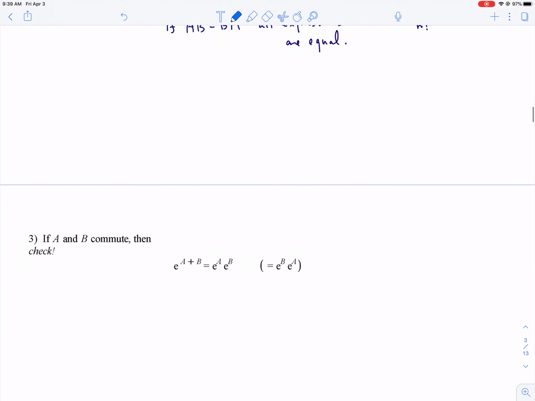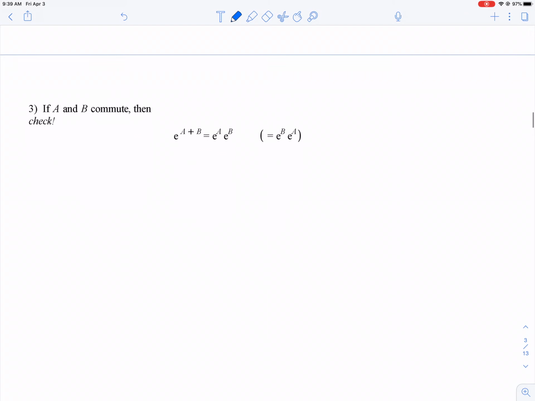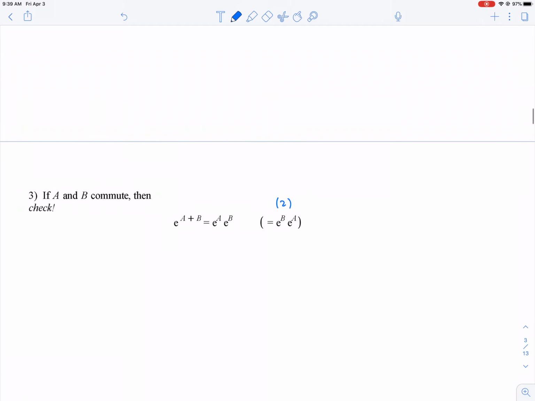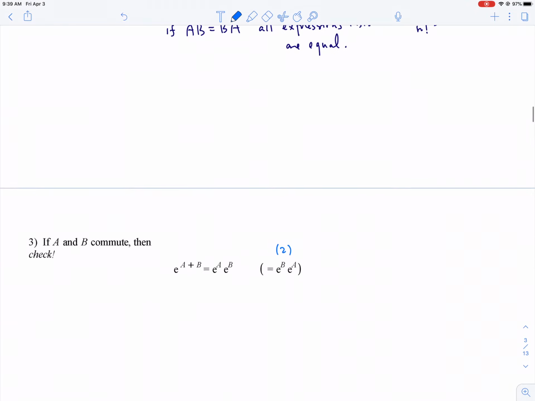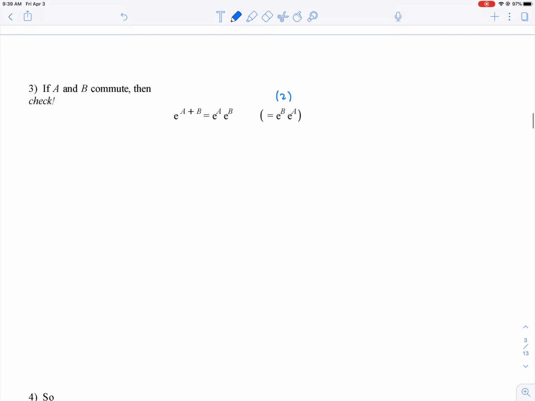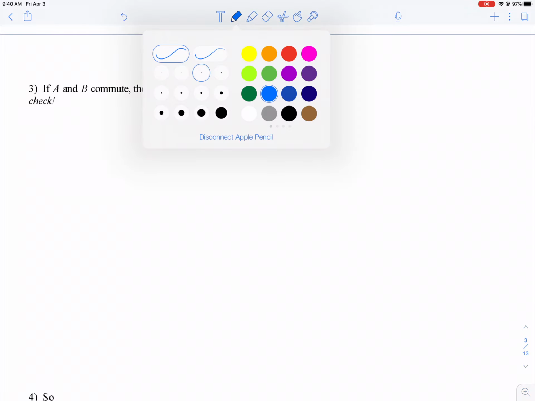Next claim. If A and B commute, then I have the rule of exponents. e to the A plus B is e to the A, e to the B, or as we checked in number 2, e to the B, e to the A. Well, we almost had that on the previous page. So let's see how come this is true.